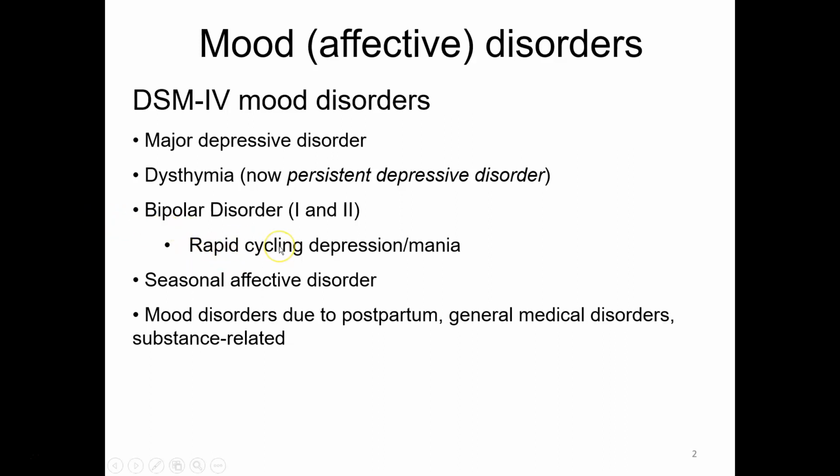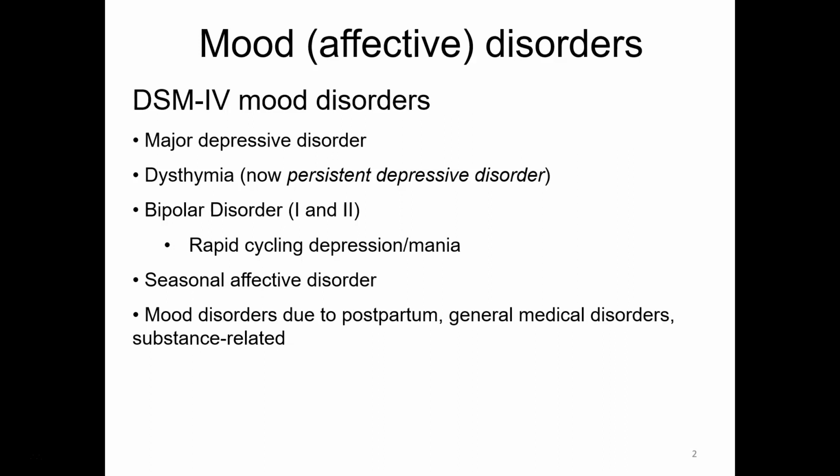Then rapid cycling is something that can absolutely happen with bipolar disorder. Rapid cycling is when you have 4 periods of depression and mania, basically alternating within the period of a year. We also have seasonal affective disorder, which we will talk about more.